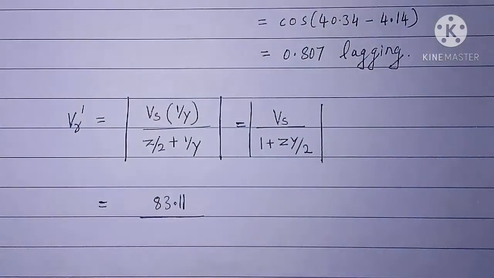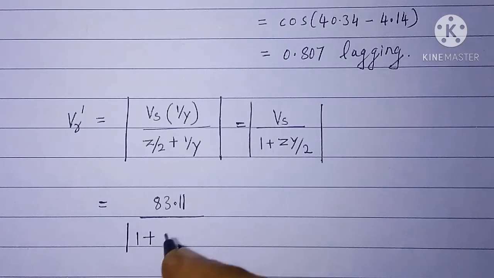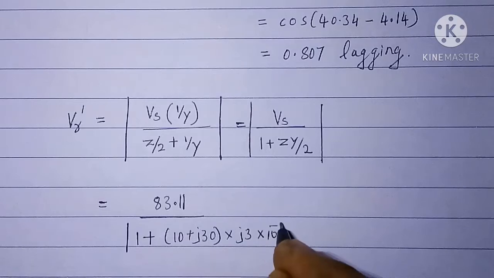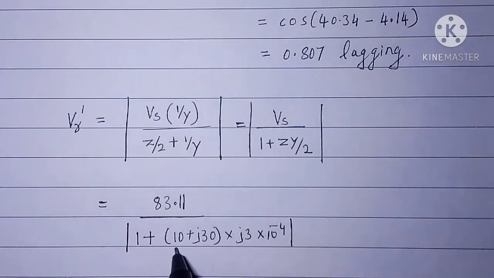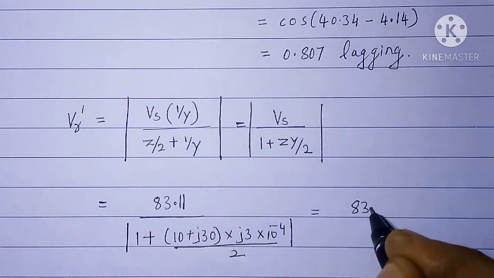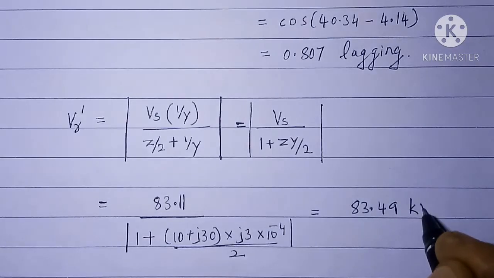This is the symbol for magnitude, divided by magnitude of 1 plus Z is 10 plus j30 into Y is j3 into 10 raised to minus 4 divided by 2. Simplifying, we get 83.49 kilovolt.